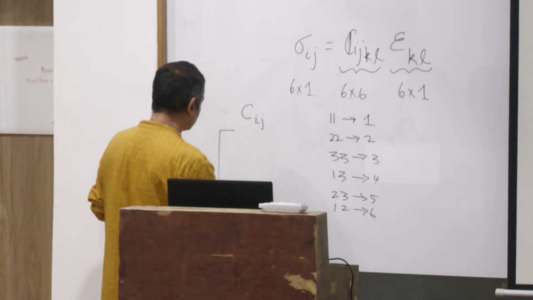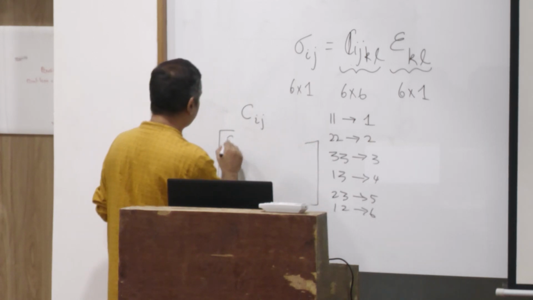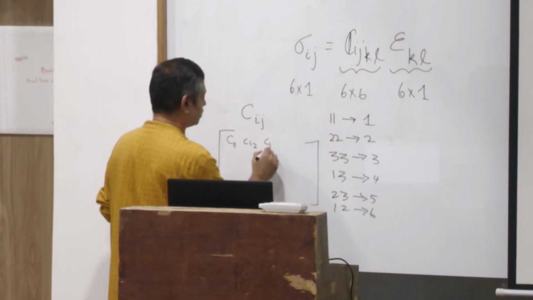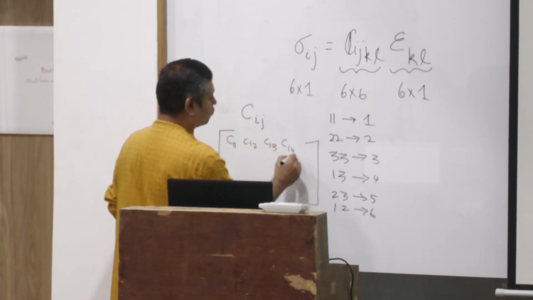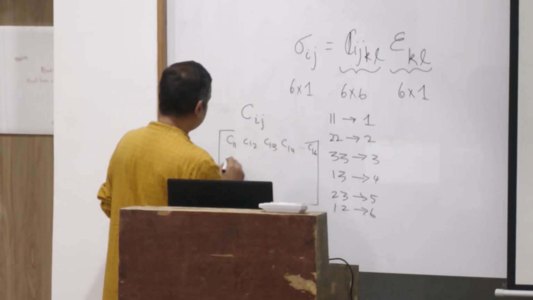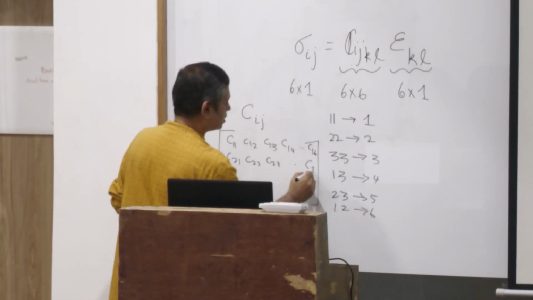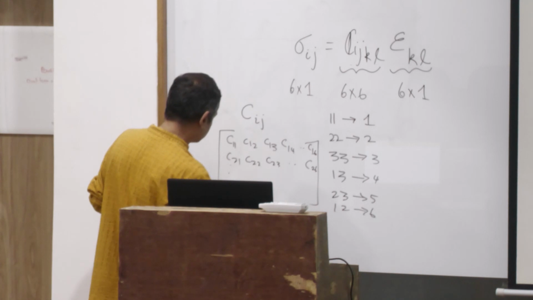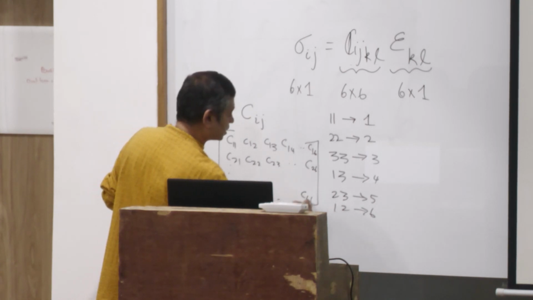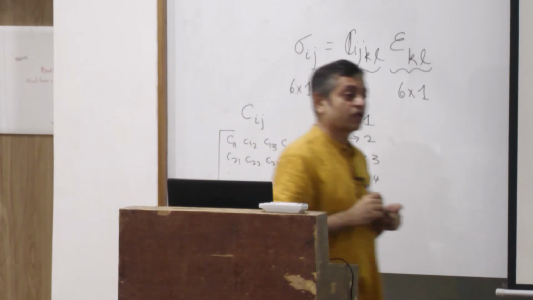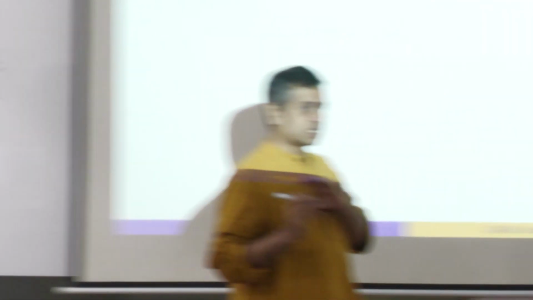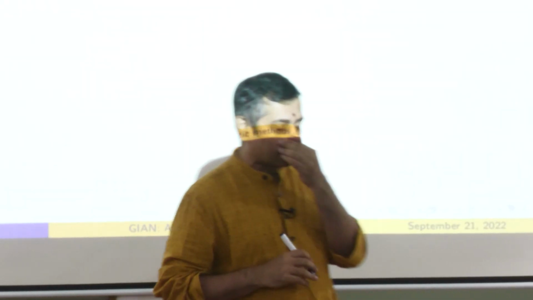Now, this matrix will have C11, C12, C13, C14, etc., C16, C21, C22, C23, etc., C26. You go to C61, C62, etc., C66. Okay. Is this clear? Okay.